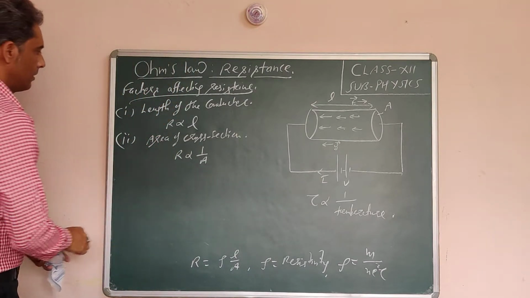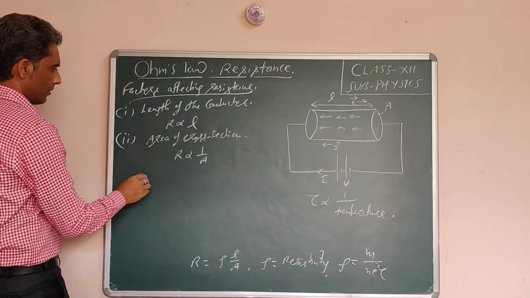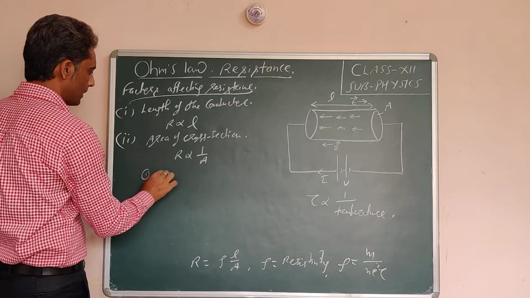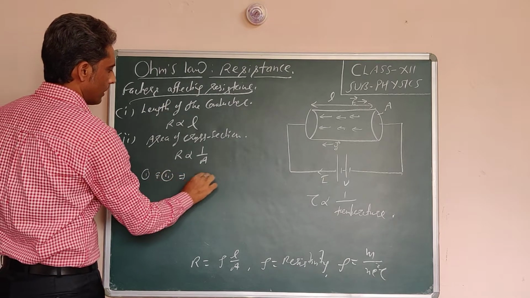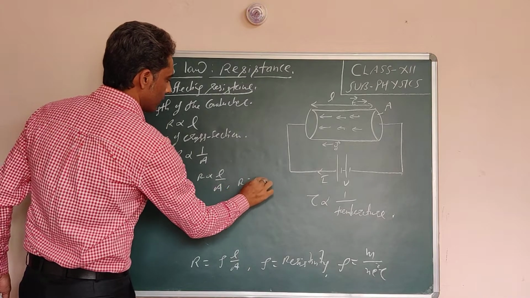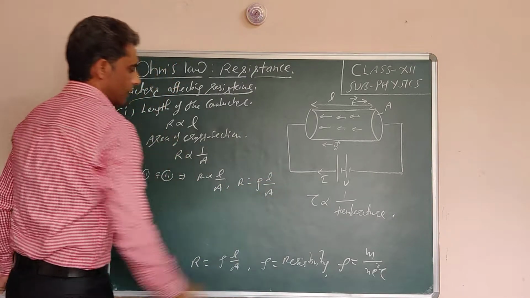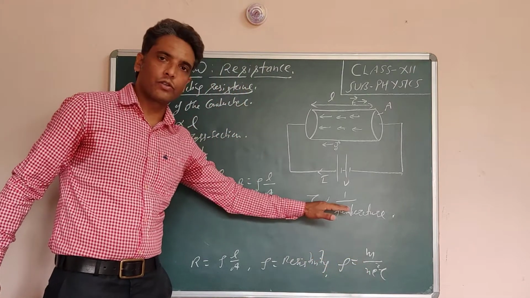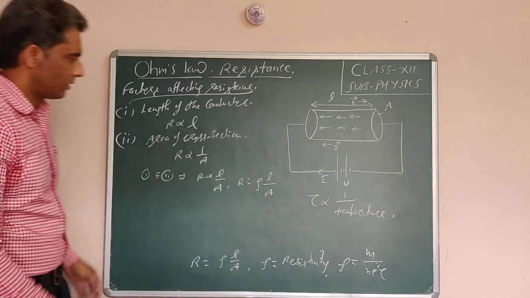We can combine these two, so 1 and 2 imply R is proportional to L by A, or R is equal to this constant times L by A. And this constant, from this relation we see that it is a function of temperature.